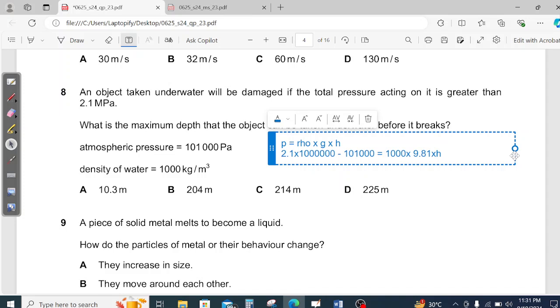So subtract 2.1 multiplied by 1 million minus 101,000, and divide by 9.81 multiplied by 1000.